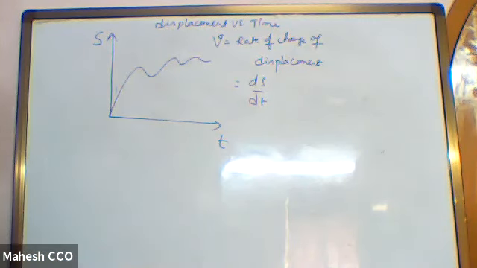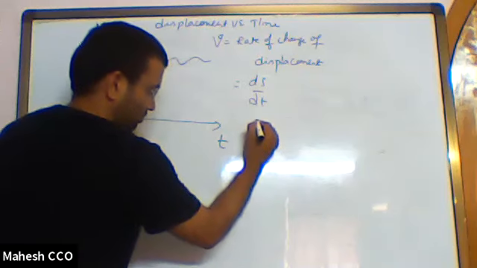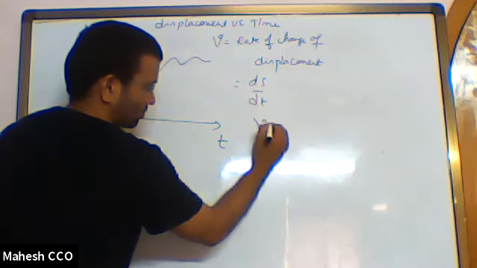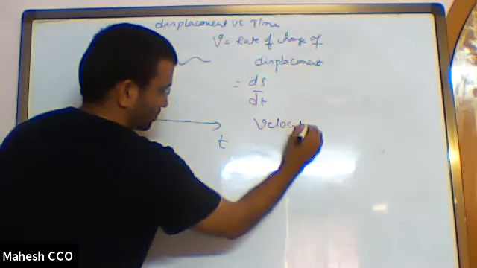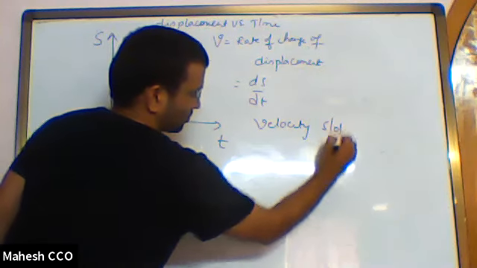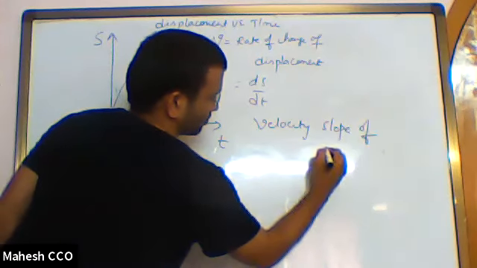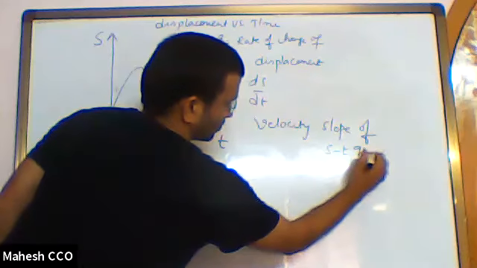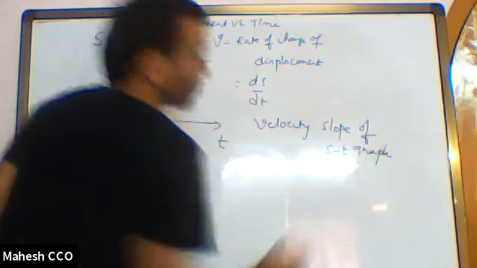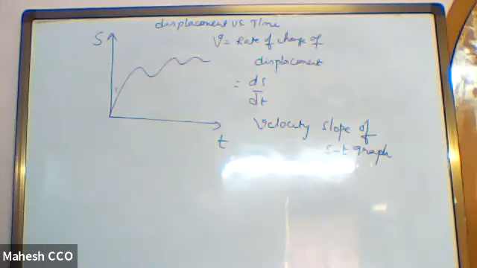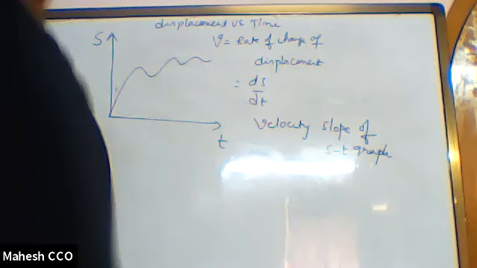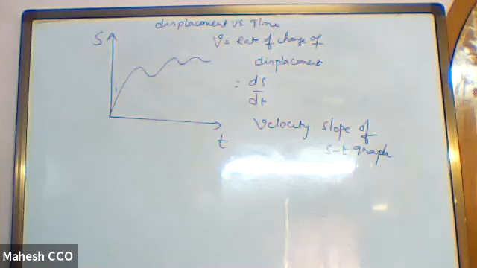So that velocity is the slope of the s versus t graph is now established. Velocity is the slope of the displacement versus time graph.